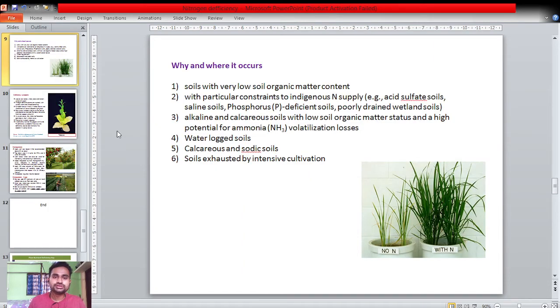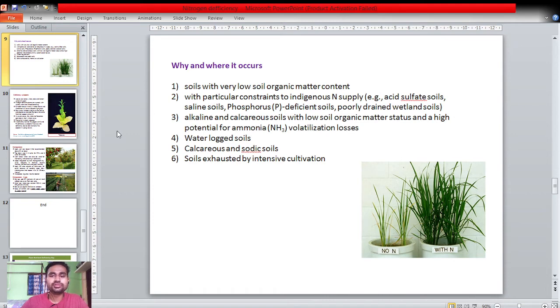So at first we'll see why it is occurring, because there are certain types of soils. Mainly those who are doing orchards of fruits, and also flowers, for commercial cultivation, they have big land, and in this big land, because of the soil, sometimes we see the nitrogen deficiency symptom. So there are soils which have very low soil organic matter.